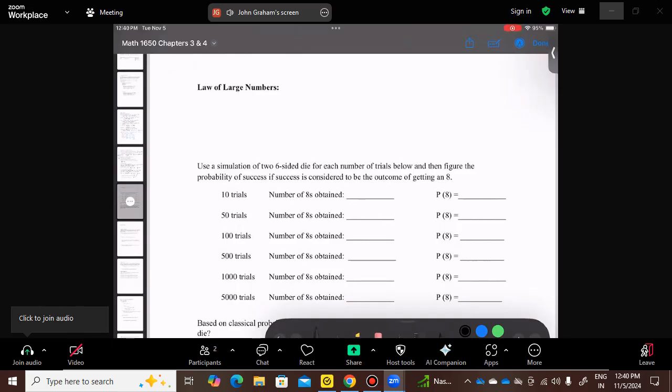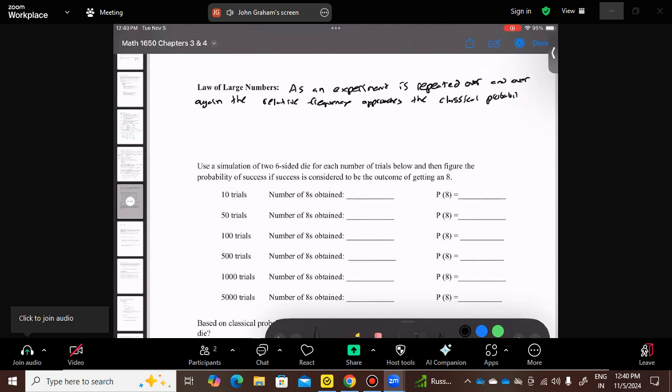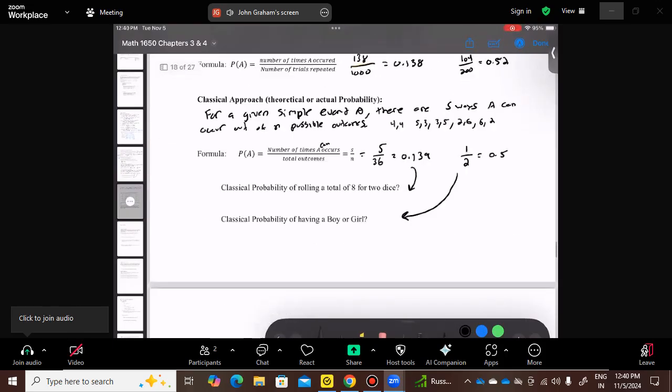As an experiment is repeated over and over again, the relative frequency approaches the classical probability. We saw that with those two examples with the dice.